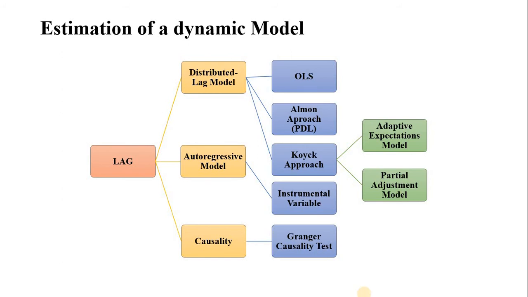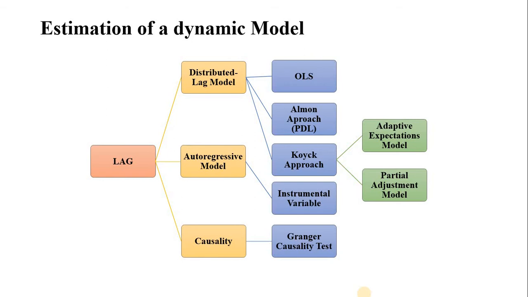So there are mainly five different approaches available to estimate the distributed lag model. The first one is ad hoc OLS, the second one is Koyck, and the third and fourth are not two different models, but the Koyck procedure applied to two separate theoretical ideas.